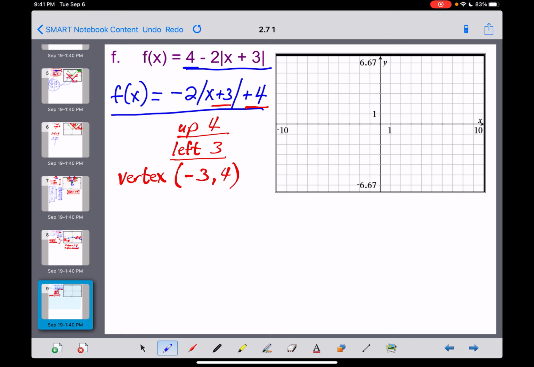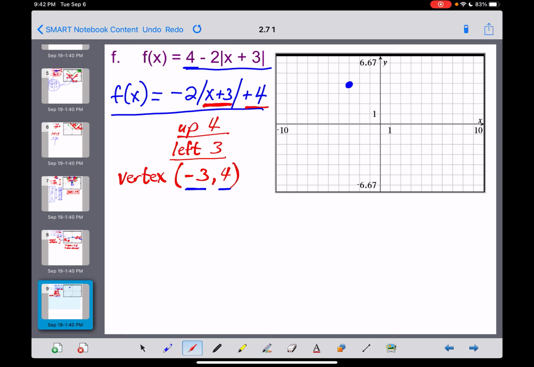1, 2, 3 to the left and 4 units up. Now, you really want to make sure right now that you're doing this correctly, because if you goofed up your vertex, everything else is going to be wrong. So it's not a bad idea to stop and check right now. When I put in -3 for x, I should end up with 4 for y. Let's try that. -3 for x plus 3 is going to give us 0.